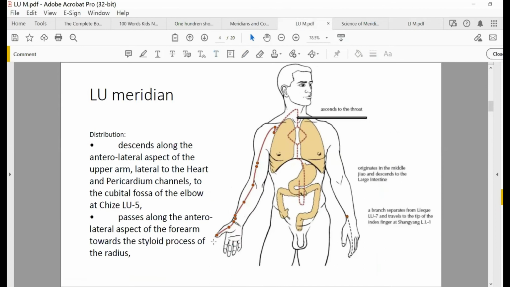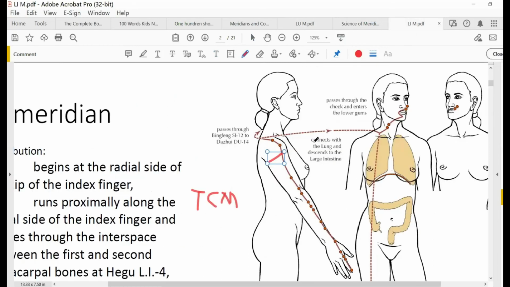It's on the thumb, so lung, that's anterior. And the large intestine on the yang part, that's anterior too. Close to the thumb, that's anterior. Close to the small finger, that's posterior.